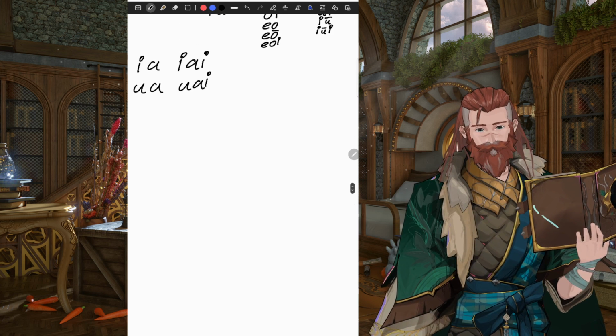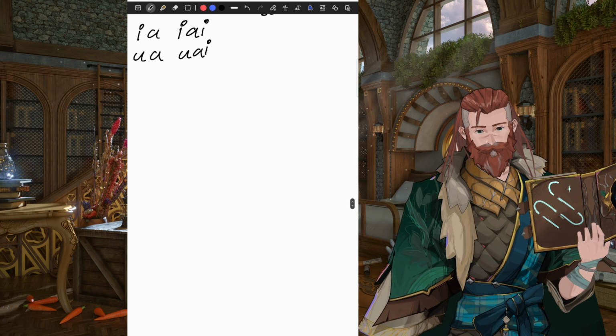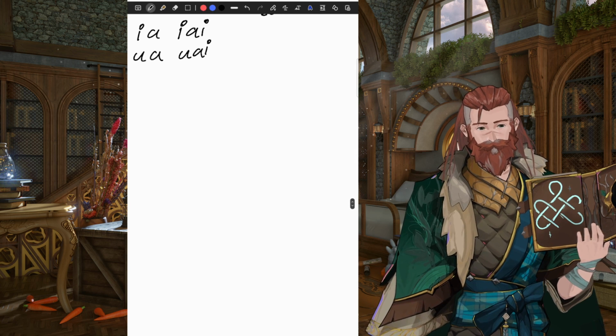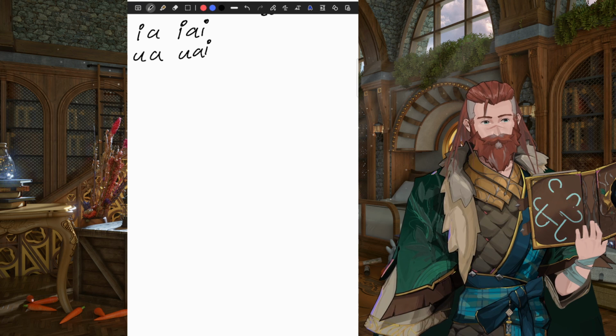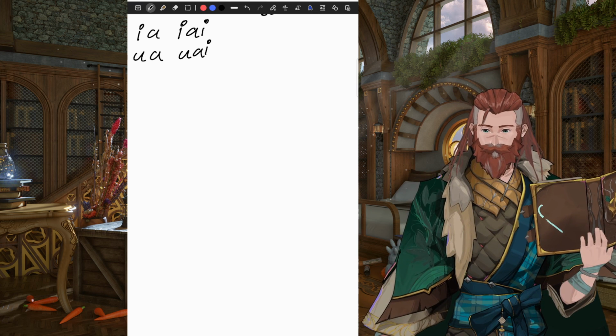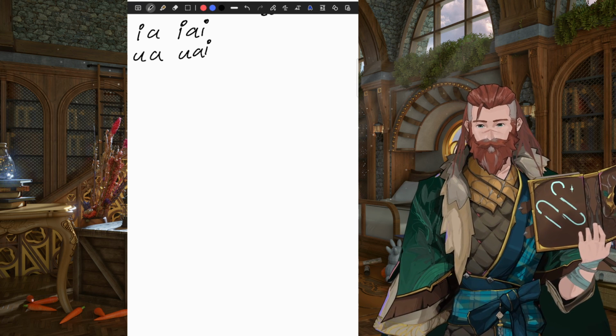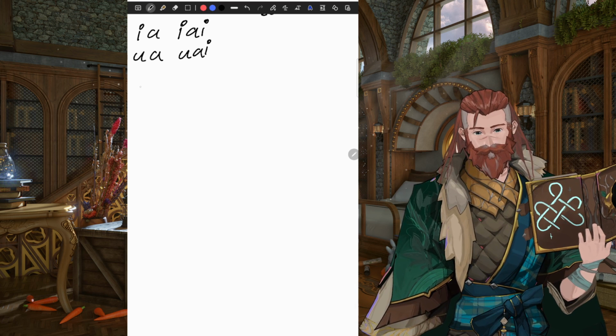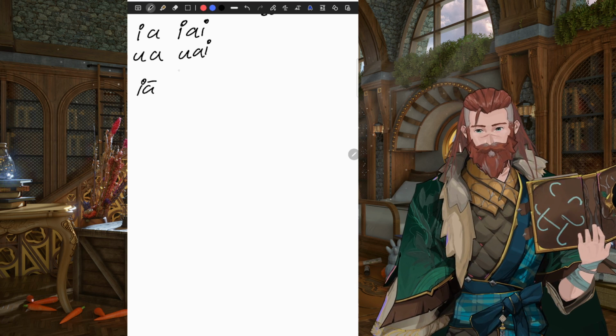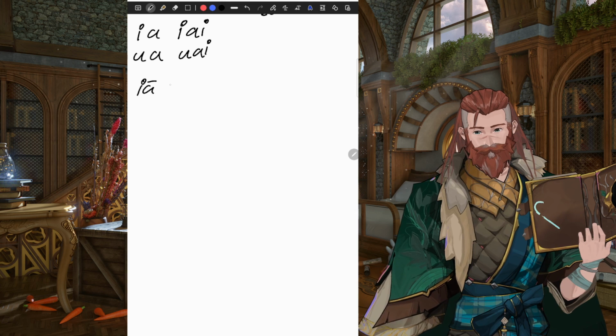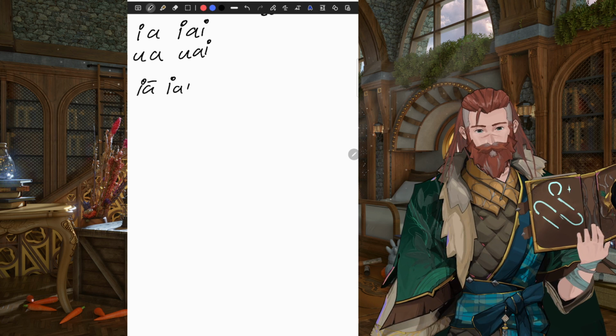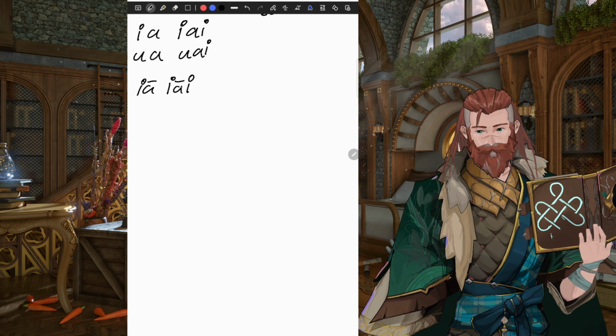There are some fada diphthongs though, which are much easier. A fada and I fada.